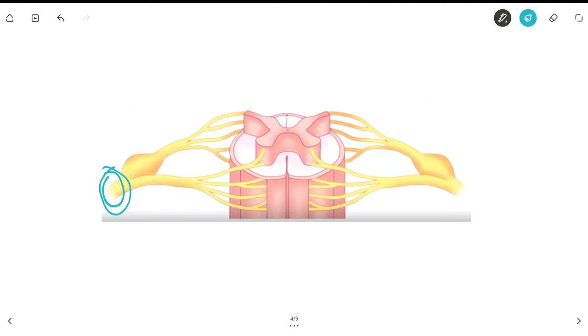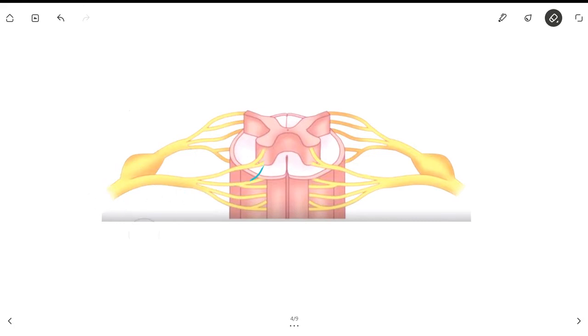Both the sensory neurons and the motor neurons combine at one point. The motor information is going this way, while the sensory information is coming in this way. So at one point, they're all in the same spinal nerve, and they're just traveling in different directions.